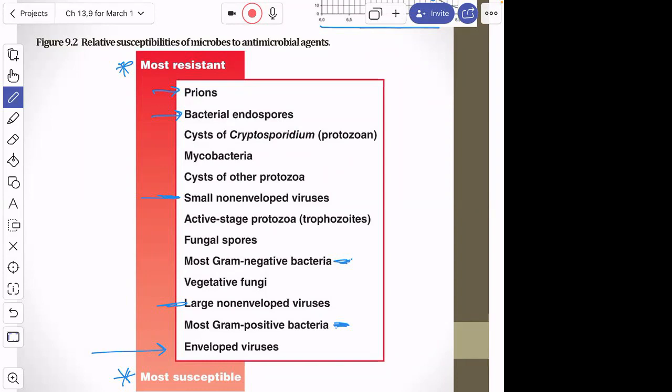But again, there are going to be some exceptions here as well. Even within different kinds of protozoan cysts, there's some variation. But again, those aren't as tough as an endospore of a bacteria. So again, don't memorize that. Hardest to kill, easiest to kill is reasonable.